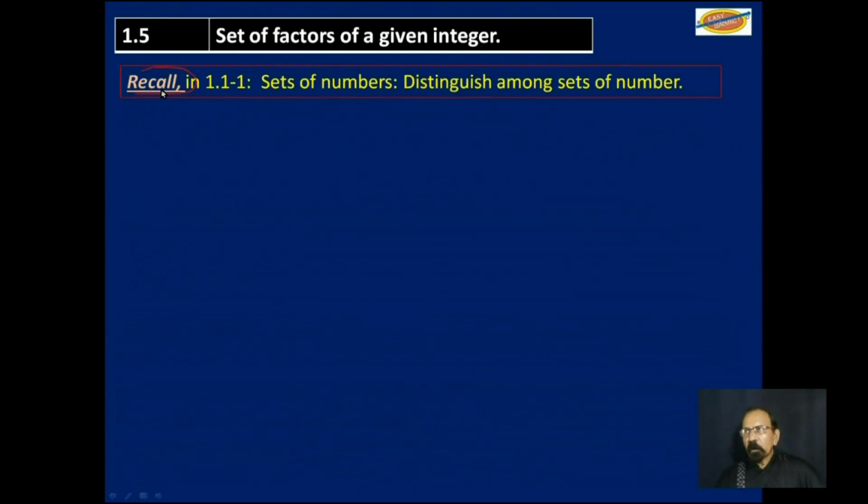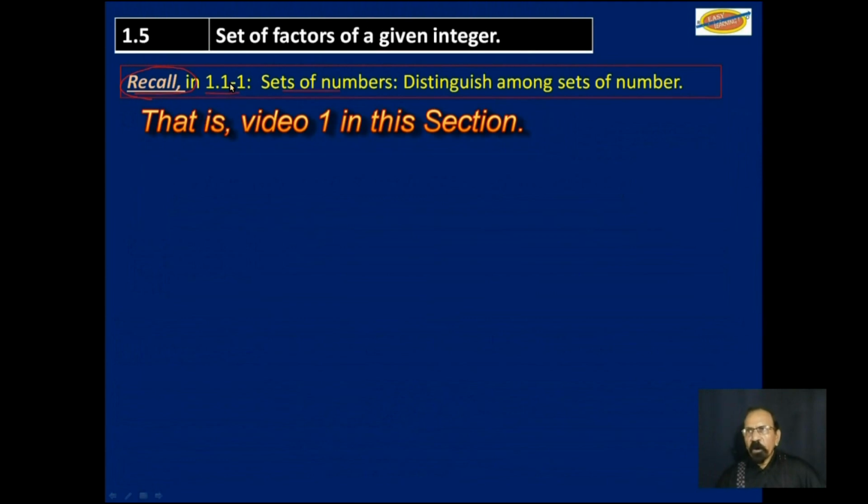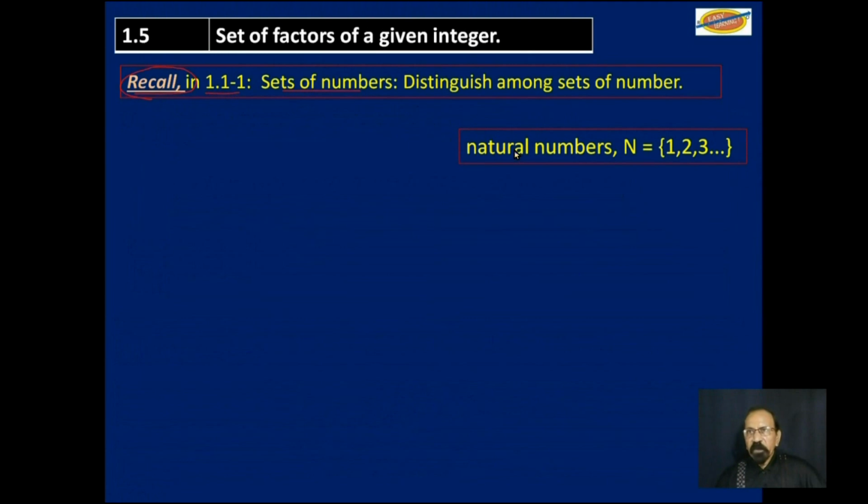Recall, in section 1.1, part 1, when we were talking about sets of numbers, that's the very first video, we mentioned natural numbers, and that will be the counting numbers 1, 2, 3, and so on.